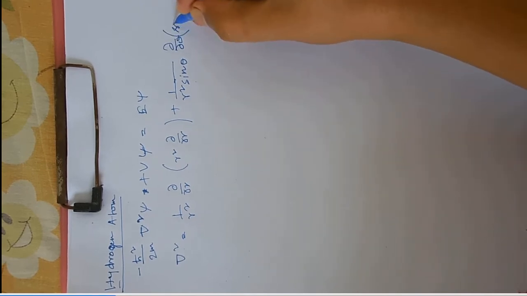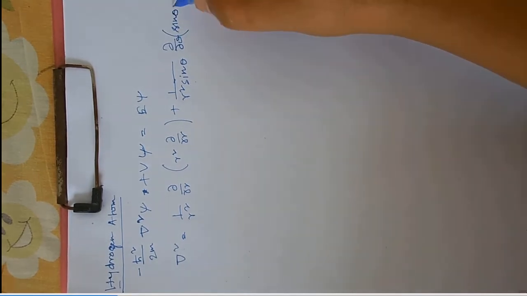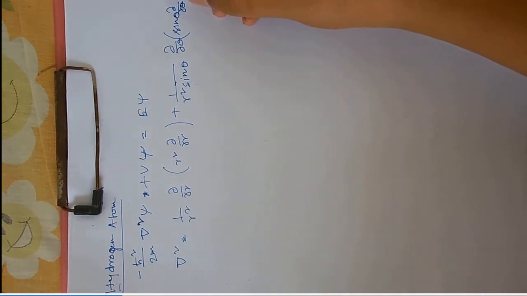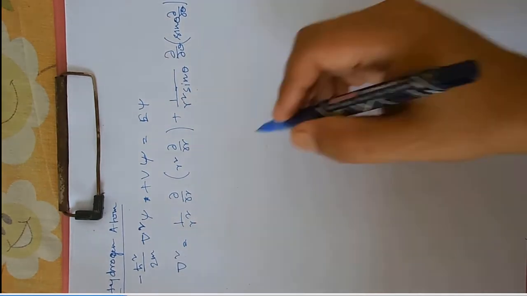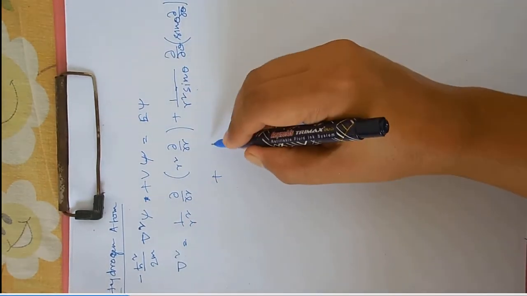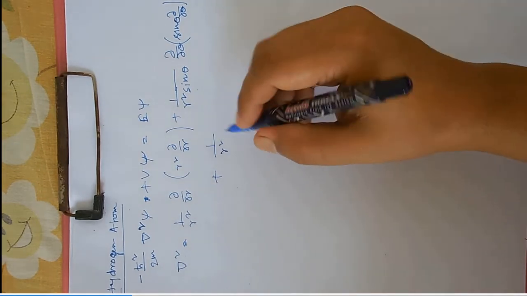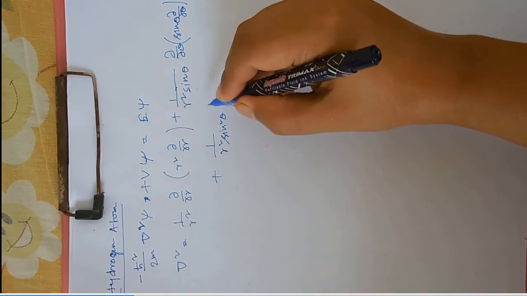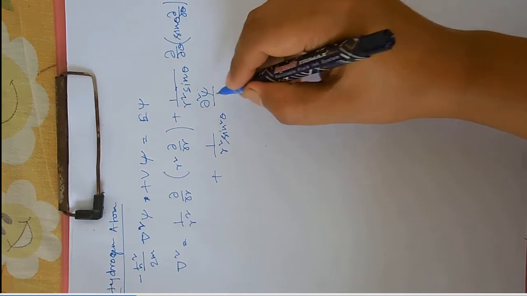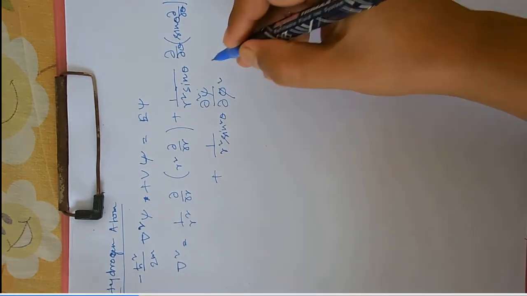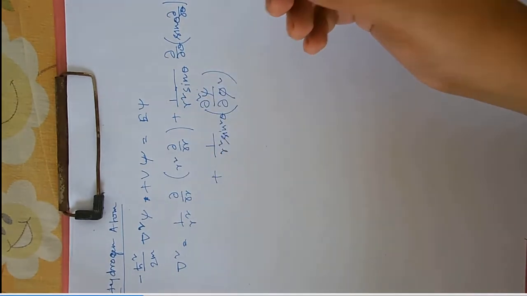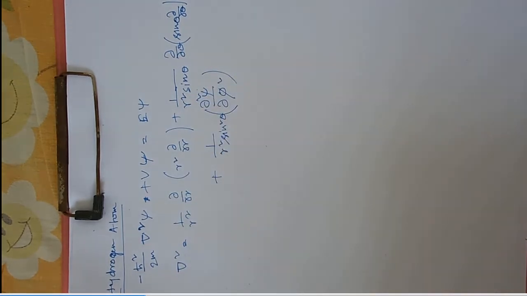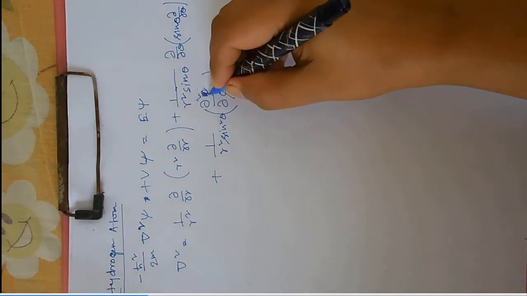Then another part is with sin theta, and another part is 1 by r square sin square theta del square by del phi square. Sorry, I wrote psi there, there is no psi actually.